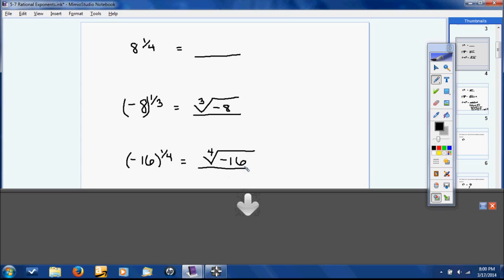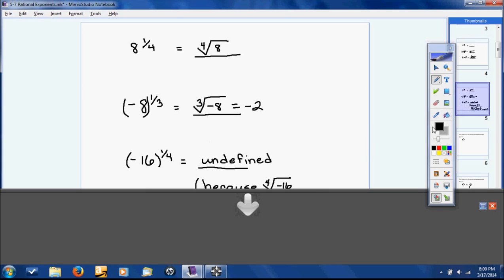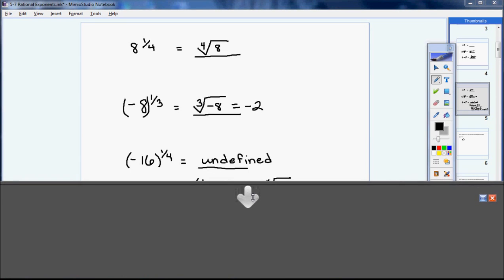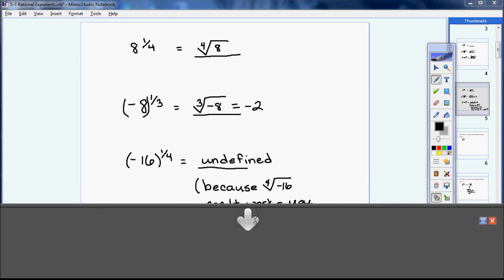I want you to think about why this is a problem. This is not really the answer. The answer really is that there is no solution. It's undefined. I hope that some of you already had that go through your mind.